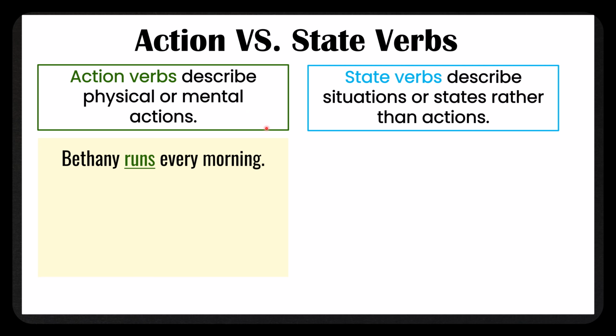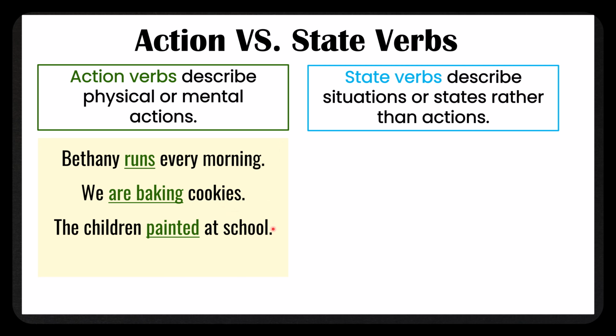It's a physical action. You can imagine Bethany running. We are baking cookies. The children painted at school. He is thinking about his future. In this case, thinking is an action verb because someone is actively engaging in thought.